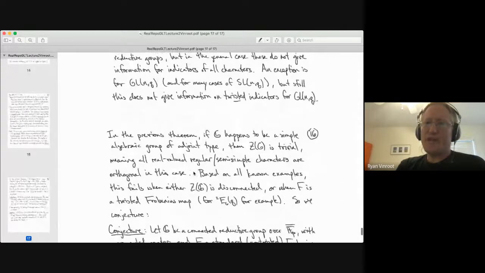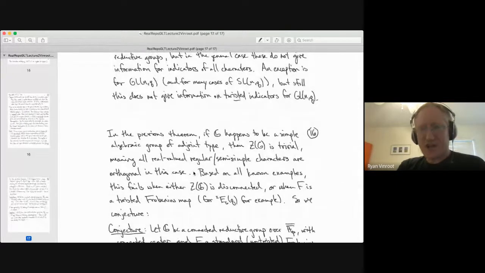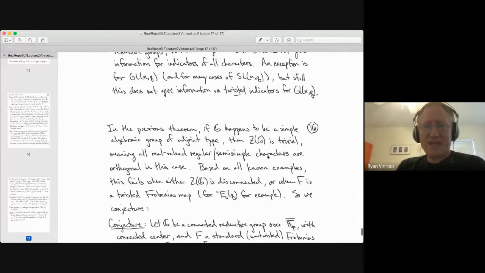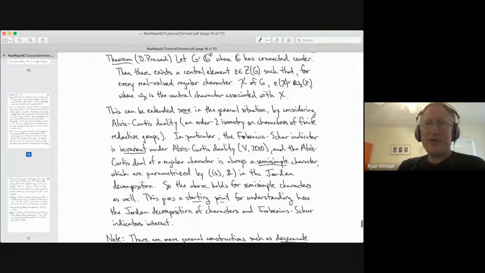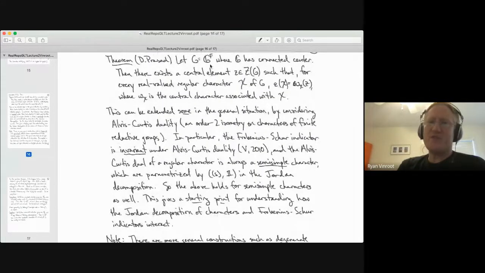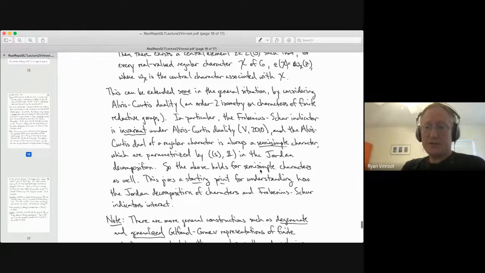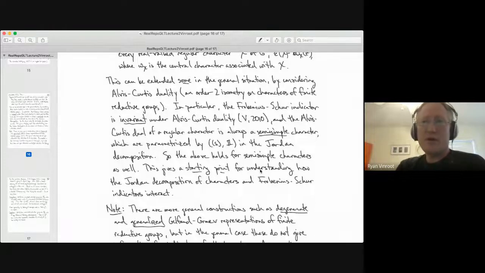I'd like to now just finish with a few conjectures. One of the things I'd like to notice is that a simple algebraic group of adjoint type always has trivial center. So what this result of Prasad says is that if G is a simple algebraic group of adjoint type, then every self-dual generic character is orthogonal because there's only one central element.